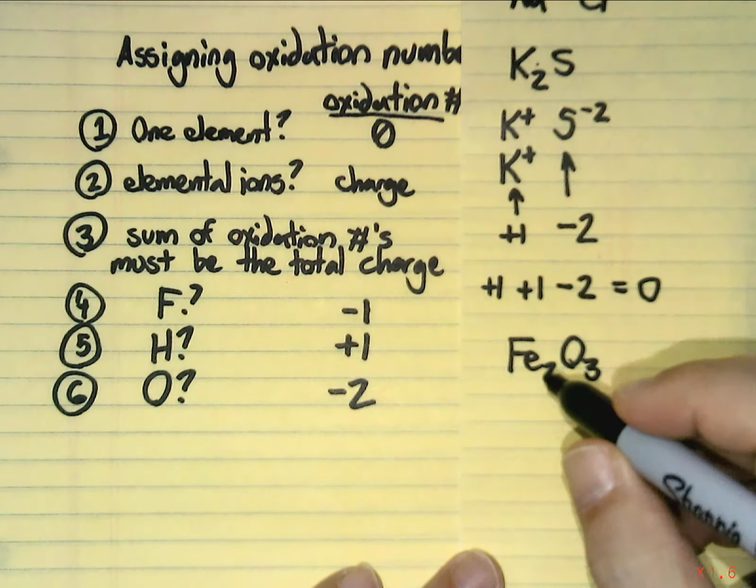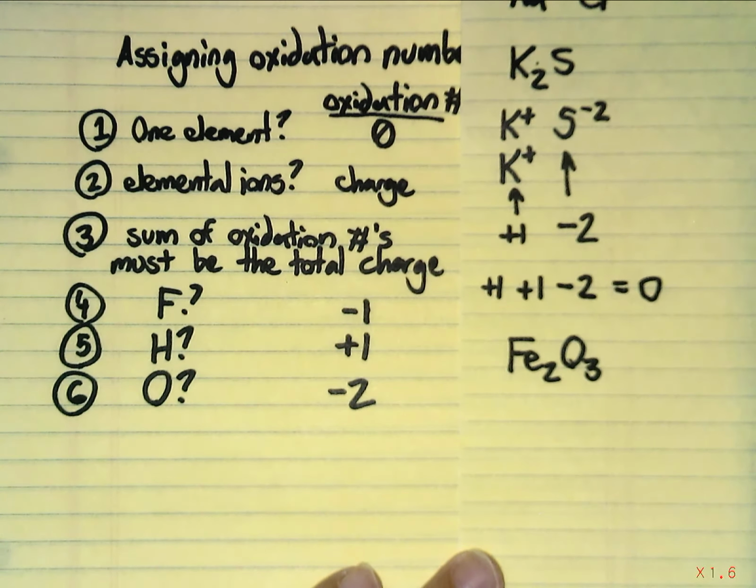Now the trouble is, if I try to look at which column the iron is on the periodic table, the iron is in the transition metal section of the periodic table, and you cannot tell what the ion charges are for any of the transition metal ions. You can't tell from the periodic table.